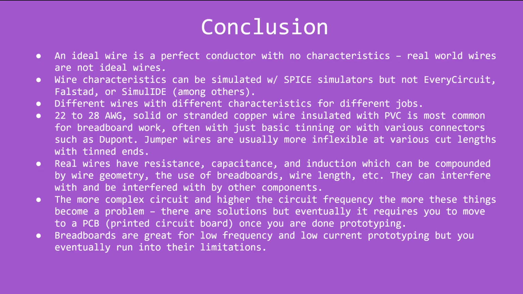Different wires have different characteristics for different jobs. 22 to 28 gauge solid core or stranded copper wire insulated with PVC is the most common you'll see for breadboard work. You often have to just see tinned ends in some cases with various connectors. Jumper wires are more inflexible and they're usually cut to specific lengths and their ends are just generally tinned.